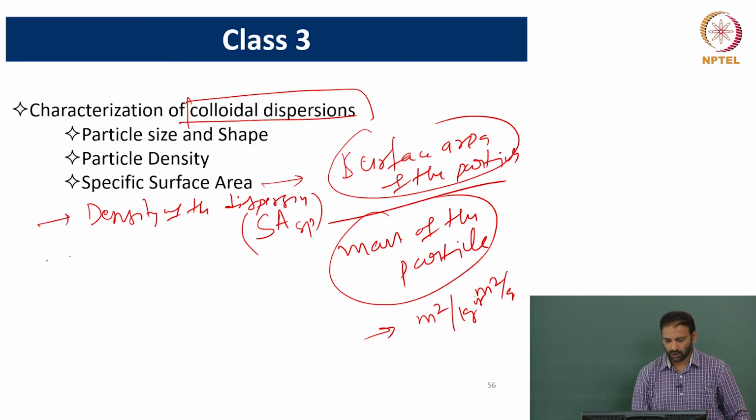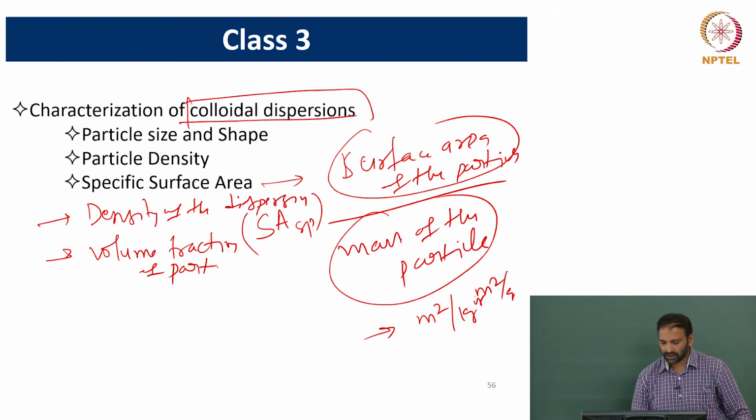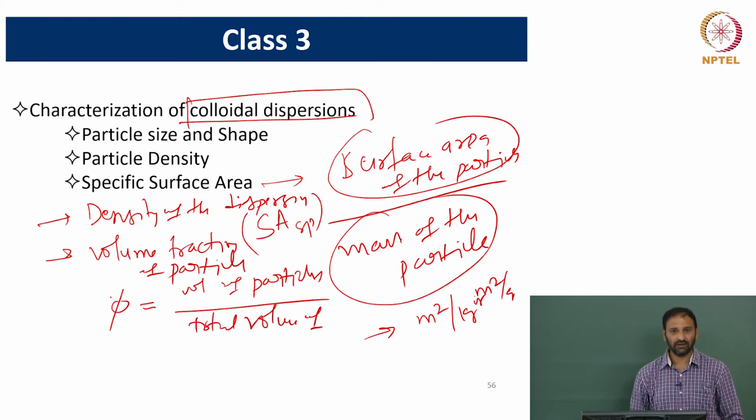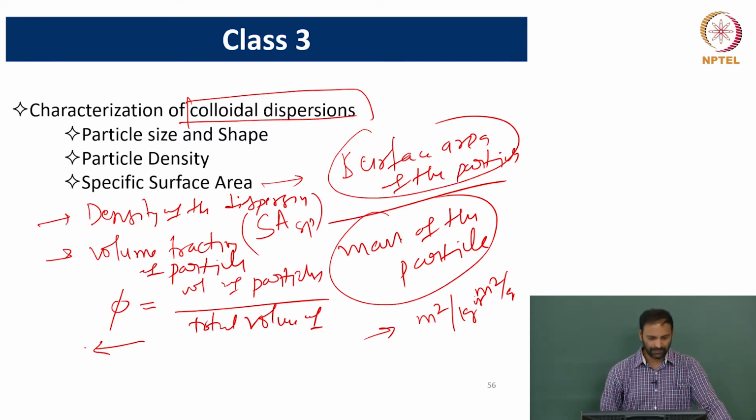One could also be interested to look at what is called the volume fraction of particles in the dispersion, which is typically referred to as phi, and is the volume of particles in the dispersion divided by the total volume of the dispersion. That's how it is defined. The lower this number is, the smaller the concentration of particles in your dispersion, and the higher this number is, the higher the concentration of the particles in your dispersion.